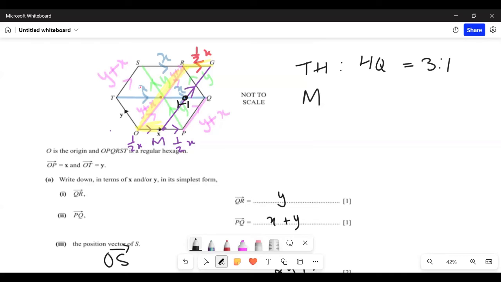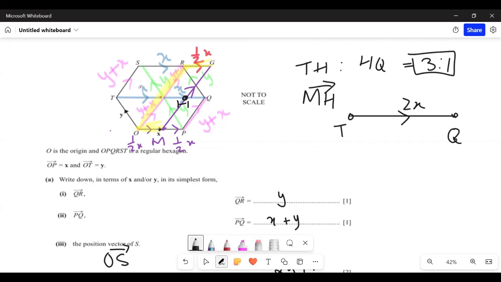How do we find MH? We can go from here to here, then here, and then here. We need to use the ratios as well. It says 3:1. In total, we have 2X on this line from T to Q. That's vector 2X in total.